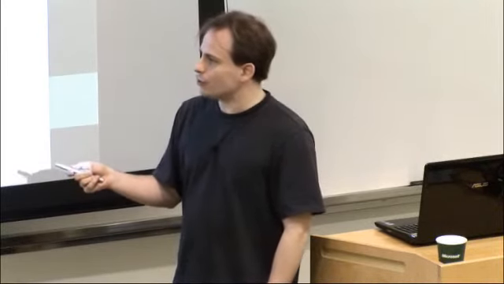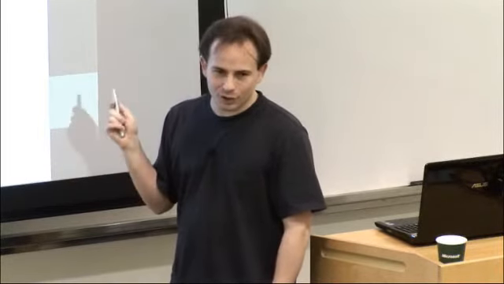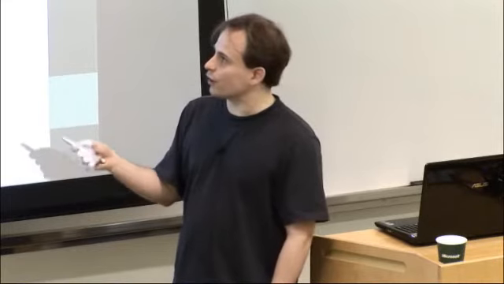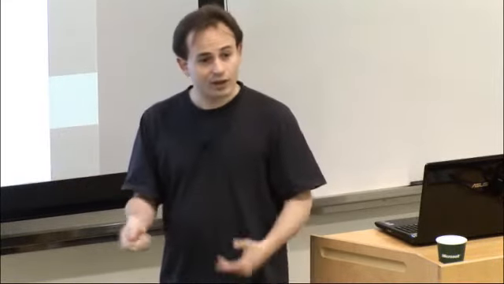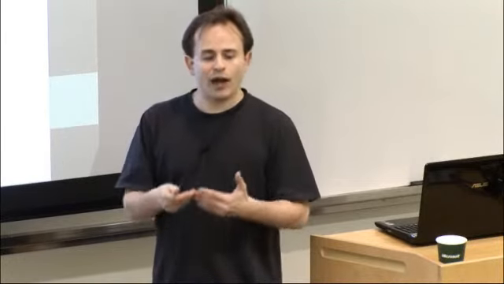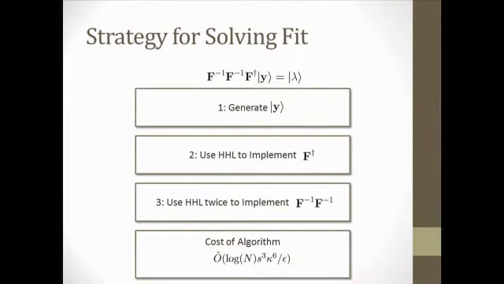And after using this trick, it turns out that this (F dagger F) inverse is actually just F inverse squared. So after using this trick, this ends up becoming that. And so this can actually be executed by using the Harrow, Hassidim, and Lloyd ideas 3 times. Did you say qubit? Is that 1 qubit? Yeah, you actually only need 1 in order to extend it out.